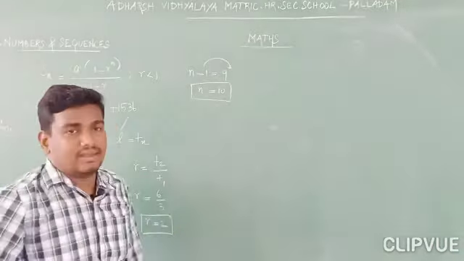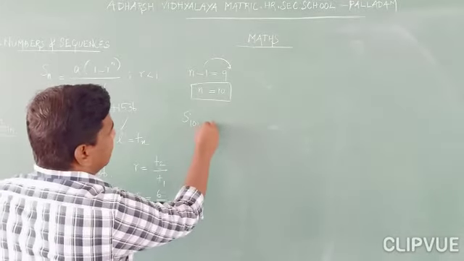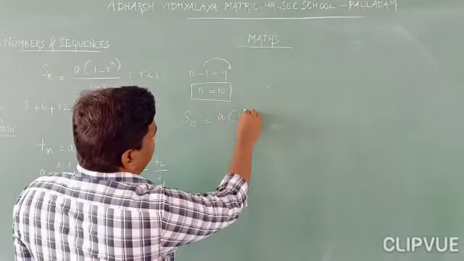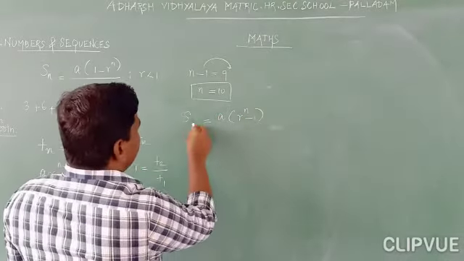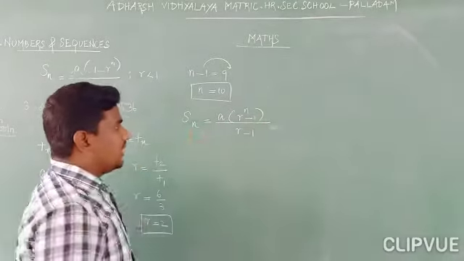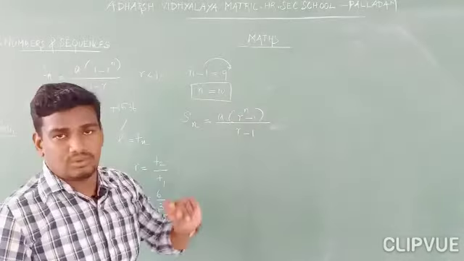Now I am going to find the sum to 10 terms of this geometric series. So S10. Actually Sn is a of r power n minus 1 divided by r minus 1. I am going to replace n is equal to 10, a is equal to 3, r is equal to 2.